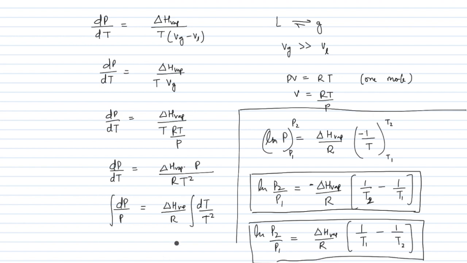Let's try to understand them as well. So ln P2 by P1 is equal to delta H of vaporization divided by R, times 1 upon T1 minus 1 upon T2. This is one of the equations which I personally use when I solve questions. You can use it in the same way, or you can convert this ln into log base 10.